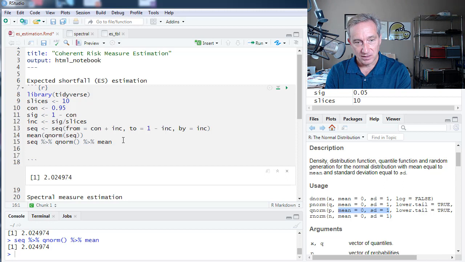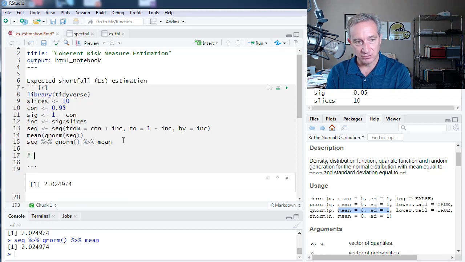Okay, so then what I'm going to do is just write an estimate function now, estimate ES, because I want to generate a table corresponding to Dowd's table that shows us this expected shortfall estimate for increasing values of slice, not just 10, but I want to increase that.